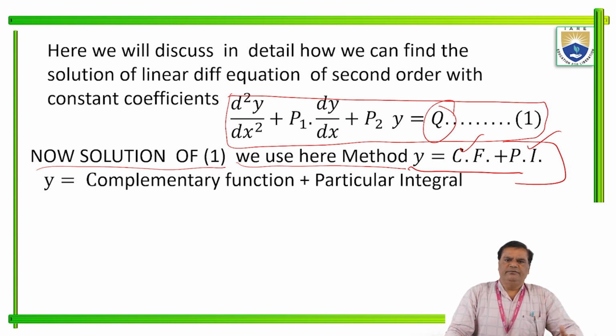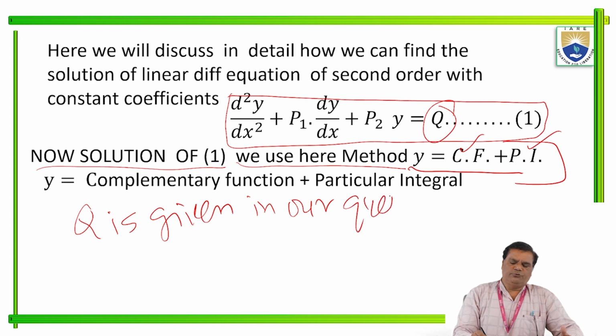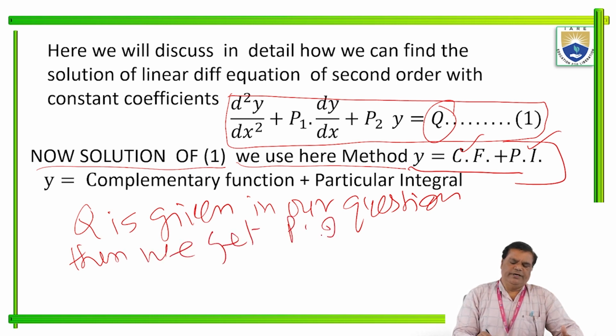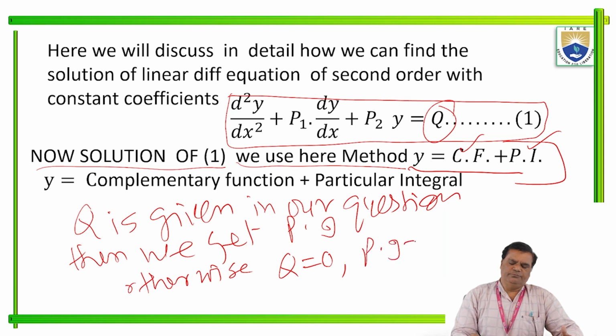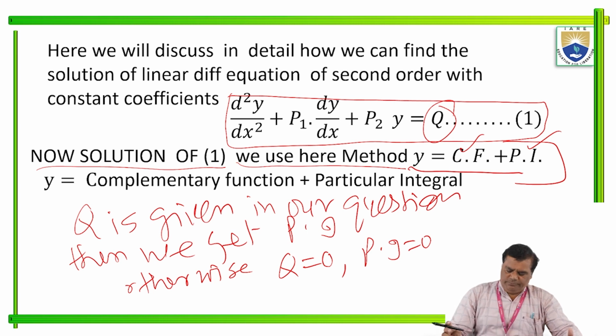If q is given in our question, then we get PI. Otherwise, if q is 0, then PI is 0. We cannot find the PI if q is 0, and then the complete solution is y is equal to only CF.